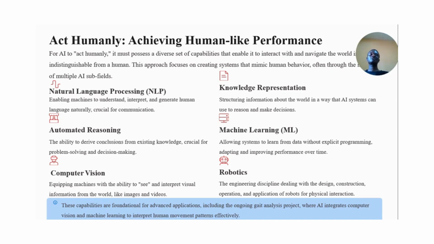So all these capabilities make a foundation for the advanced agents or artificial intelligence systems we have in our current society. So as per the ongoing gait analysis project, computer vision and natural language processing have become very key, because we need to capture information as one moves, like moving in a movie. So we analyze his walking pattern.